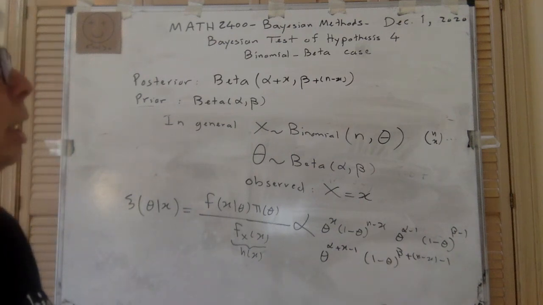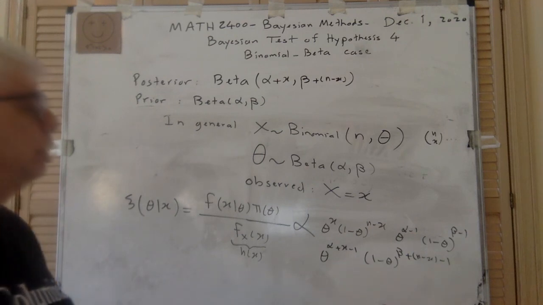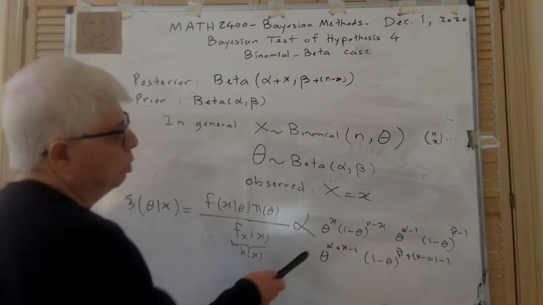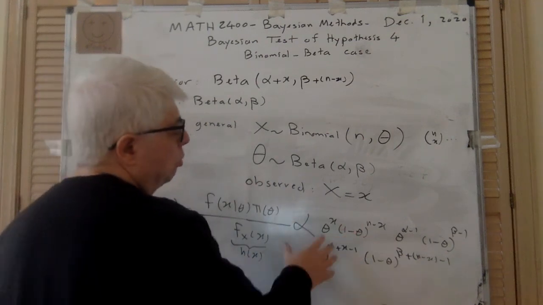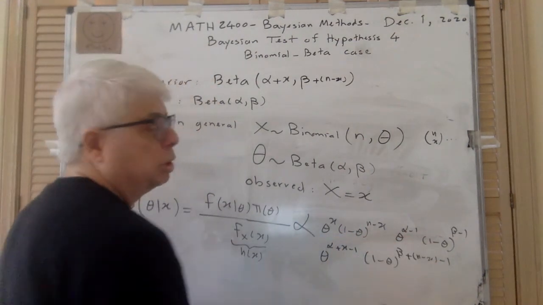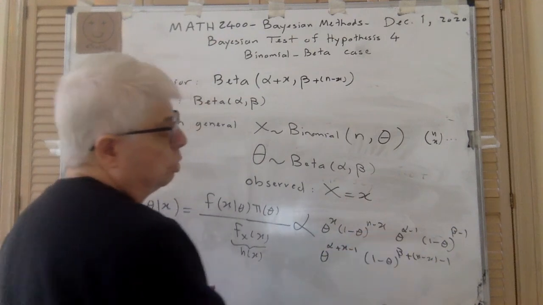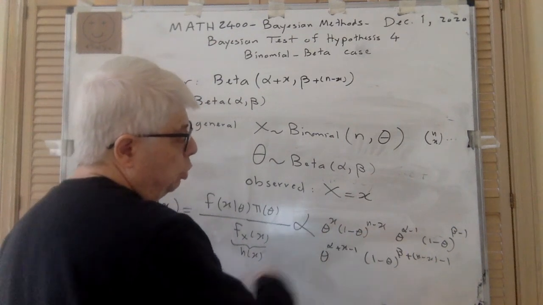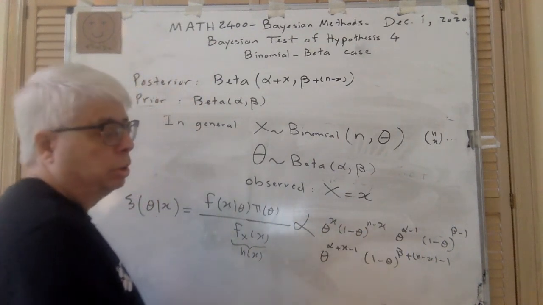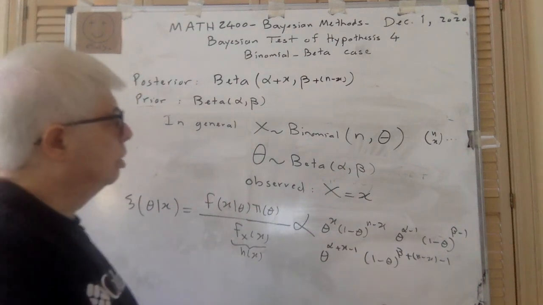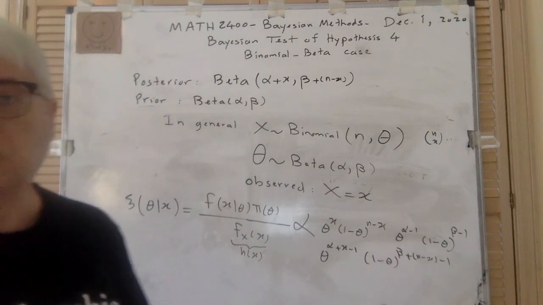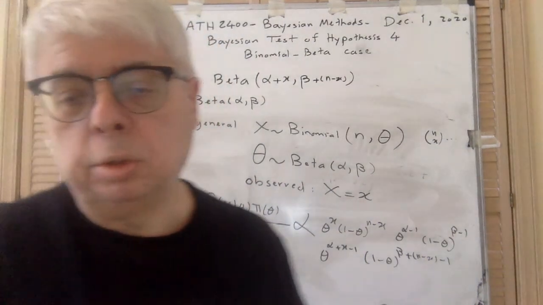So this one, binomial beta, you see why this happens, because binomial has this in the structure of its PDF, and beta has something similar in the structure of its PDF. When you multiply these two, you get something that looks like beta again. So that is the story of the binomial beta distribution.